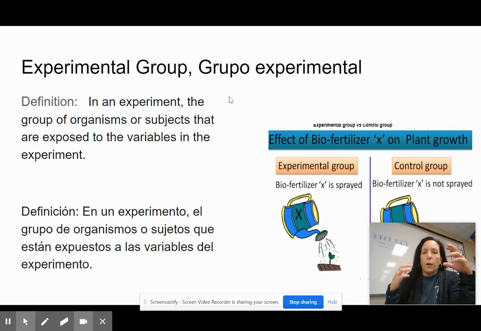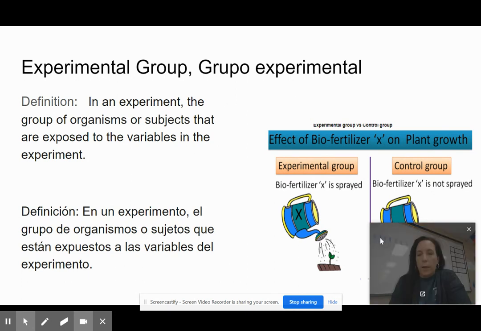Okay, so then there are different groups, and this is what you're going to need for today's responses. There are different groups that you look at in an experiment. There's an experimental group. This is the group of organisms or subjects that are exposed to the variables in the experiment. So what is being exposed to the variables?